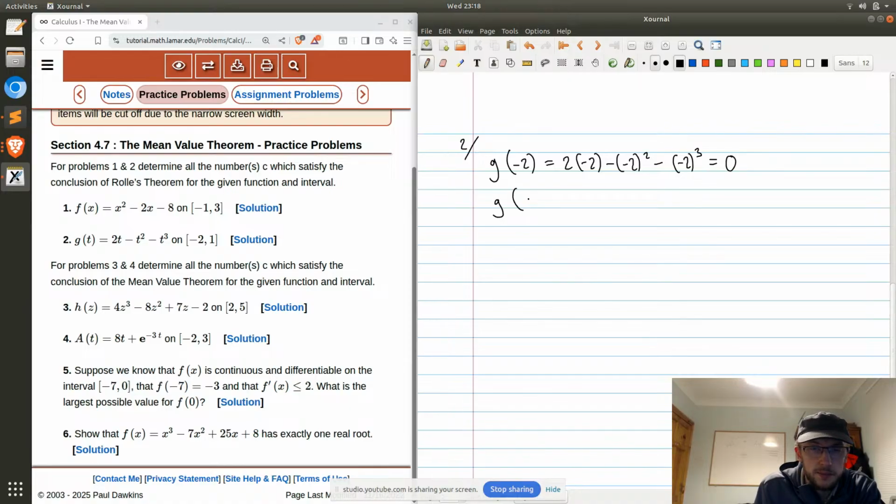And g of 1, so we do 2 times 1, take 1 squared, take 1 cubed. 2 minus 1 is 0, so vindicated and verified.